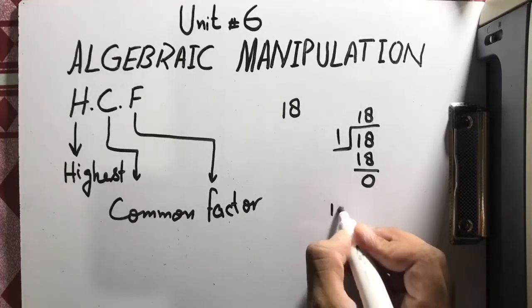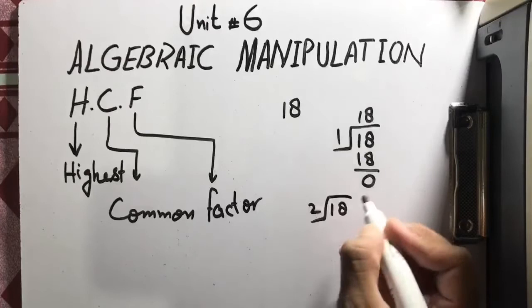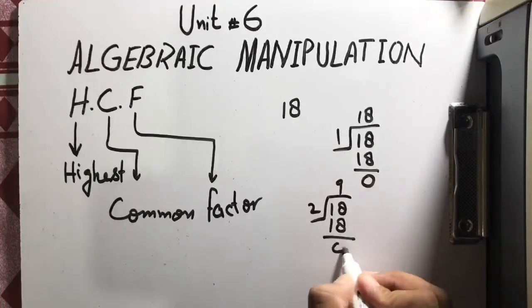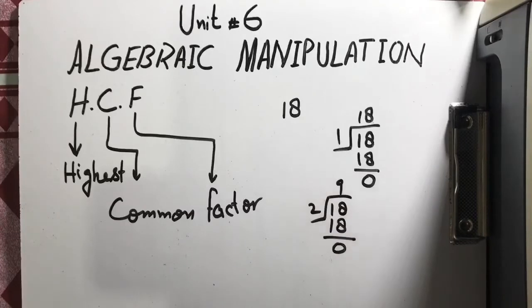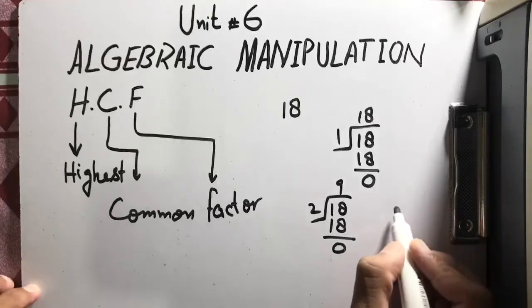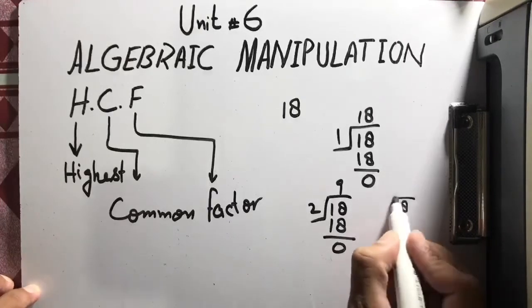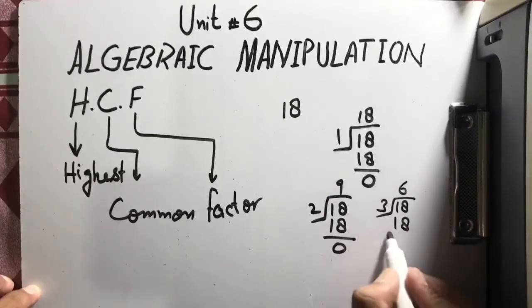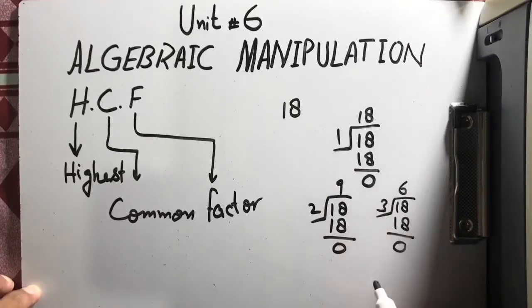Similarly, 18 divided by 2, 2 nines are 18. 2 divides 18 completely, that's why 2 is also a factor of 18. Similarly, when we divide 18 by 3, 3 multiplied by 6, we get 18 and the remainder is 0. So 18 is completely divided by 3, so 3 is a factor of 18.